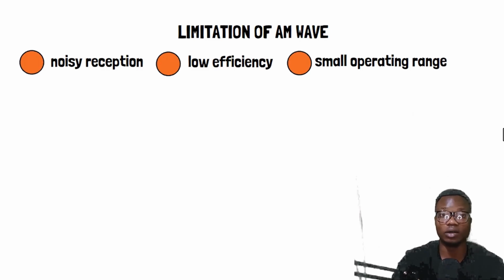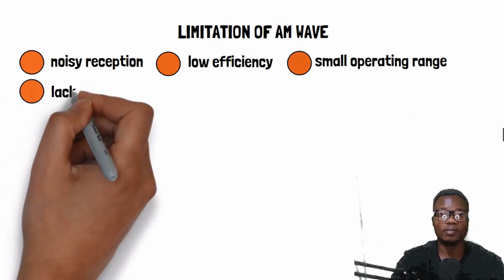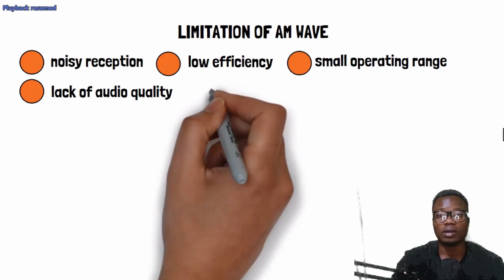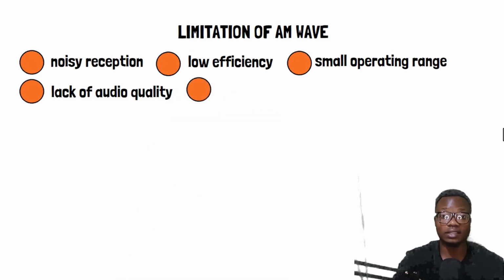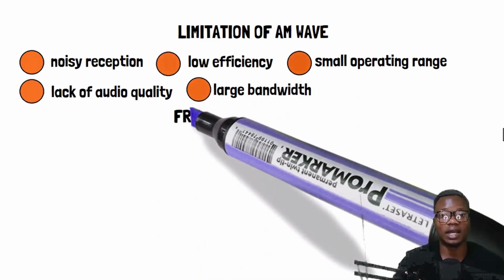Another disadvantage of AM wave is that it lacks audio quality; the audio quality is very low. Another limitation is that it requires large bandwidth.